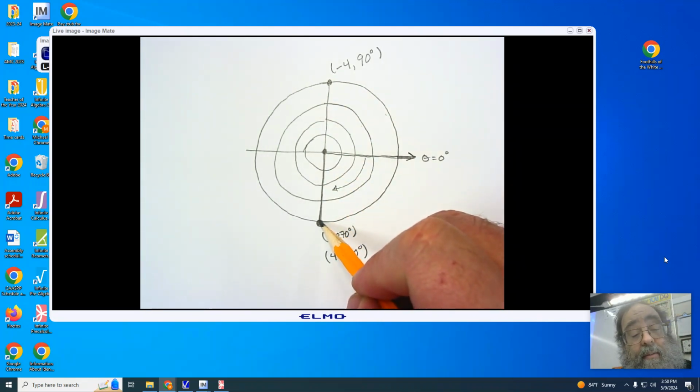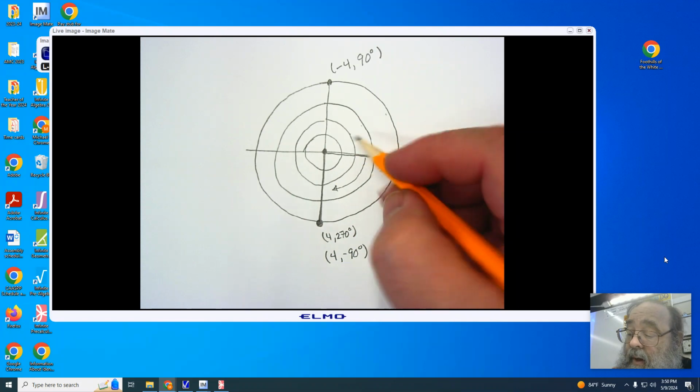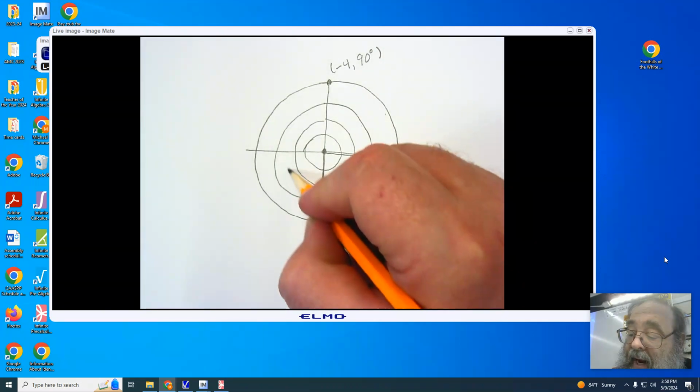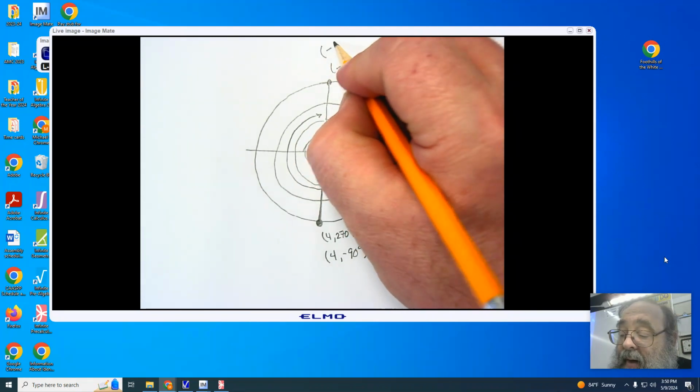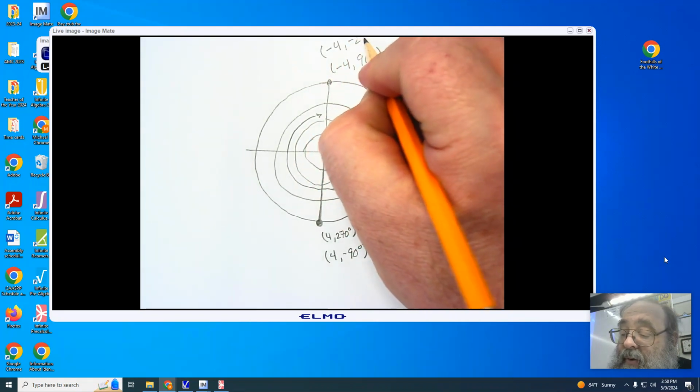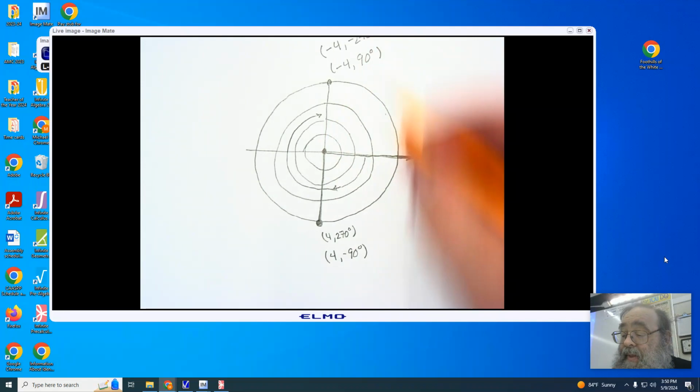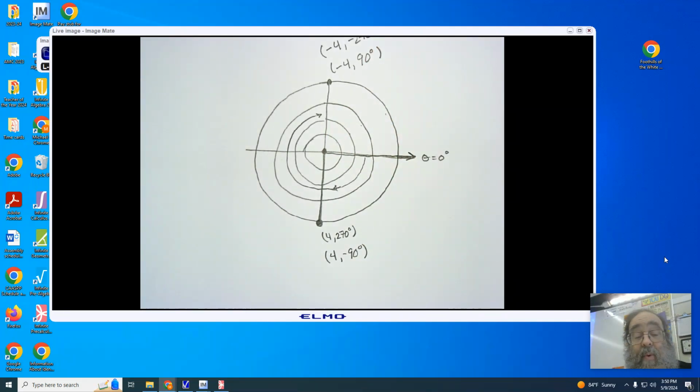That's an option. We also have going completely around at negative 270 degrees, and I would get it again. So negative 4, negative 270 degrees. These are the 4 coordinates that represent this point right down here.